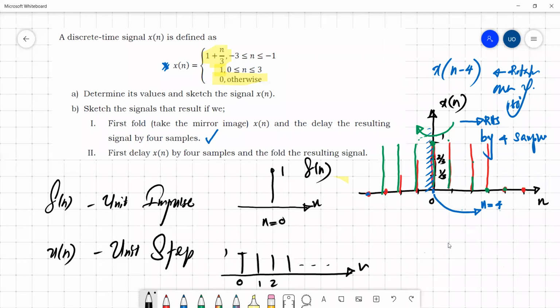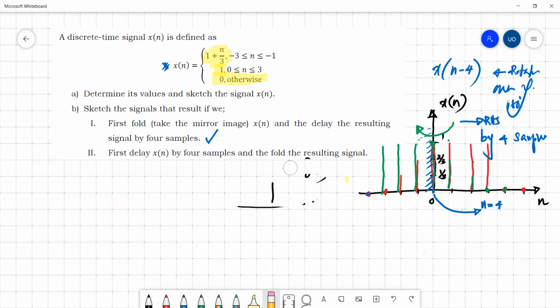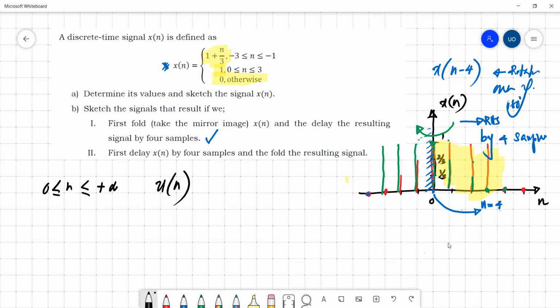So this is unit step. If I ask you to simply represent this as a combination of unit impulse and unit step, by looking at the behavior of this function, you can say that we can represent these set of samples from n equals 0 upward, the values from 0 to plus infinity, like u[n] minus u[n minus 4].